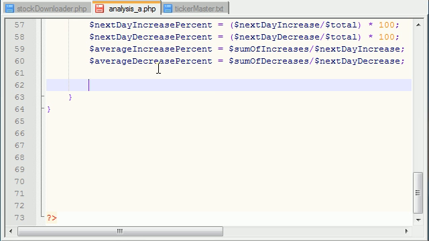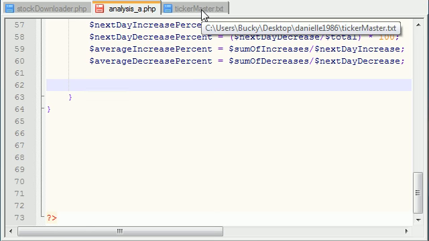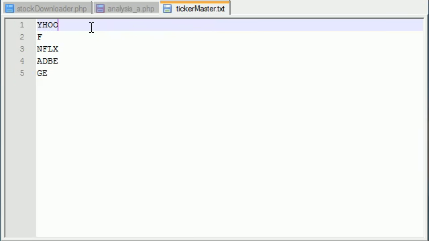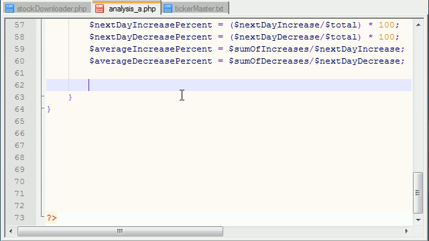But I actually want to store this data in a table, because we're going to be looping through, let's say, 50 or 100 different companies. And whenever we store it in a MySQL table, we can sort, maybe by next day increase percent or average increase percent. If we just echo it all in an HTML file, it may be kind of hard to do. So that's what we're going to be doing in the next tutorial.